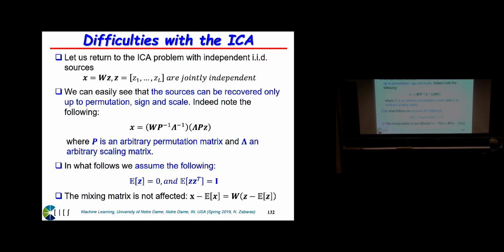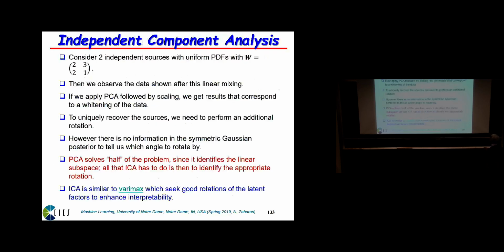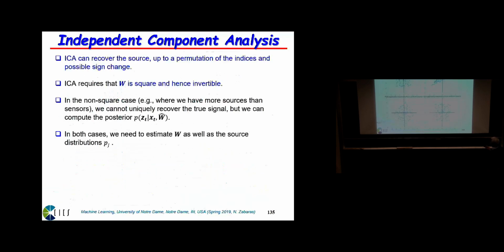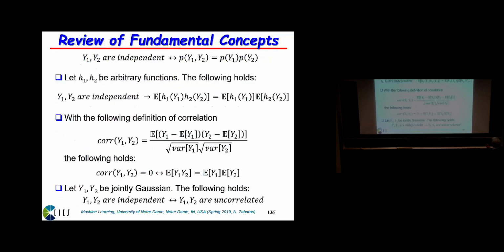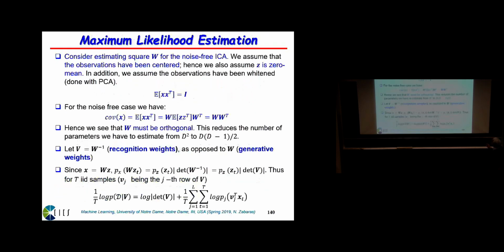Let me make some assumptions. We're going to assume that the mean of z is 0, and it actually doesn't matter; you can generalize this very easily. We're going to assume that the covariance of z is I. We're also going to assume that the data X, the mixed signals that I have given you, are whitened with PCA.